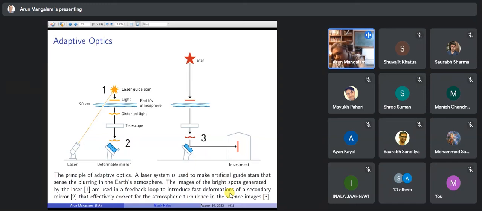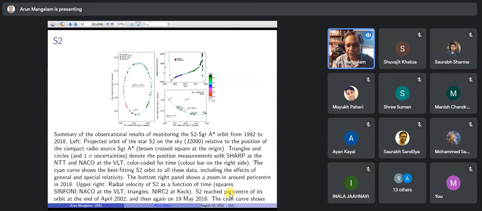You correct the wavefront using a deformable mirror, and then you straighten it. So this is called adaptive optics. Using this, you can get resolutions 10, 20 times better, and so you can get beautiful orbits out of this system. And this is done again with the Keck telescope, and there are two groups that worked on it.